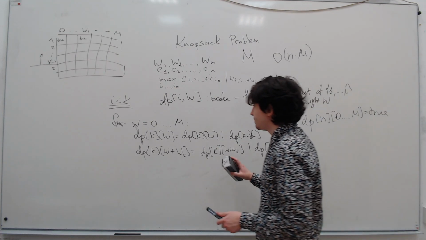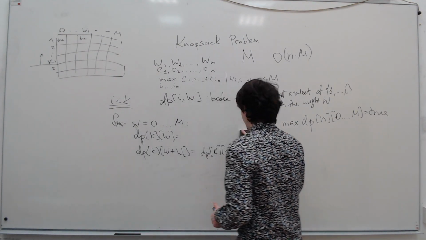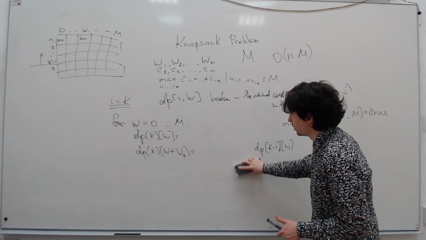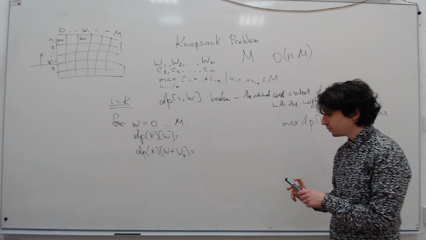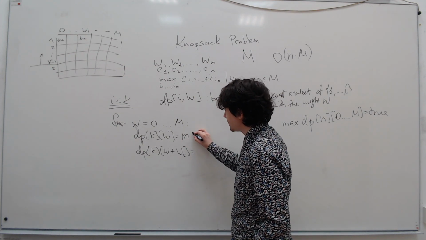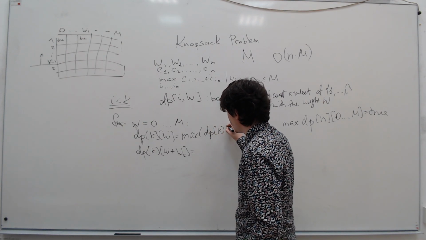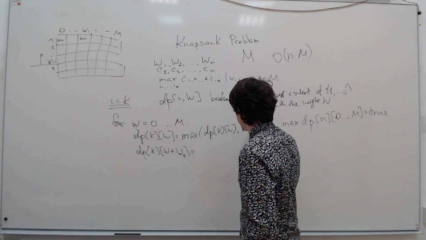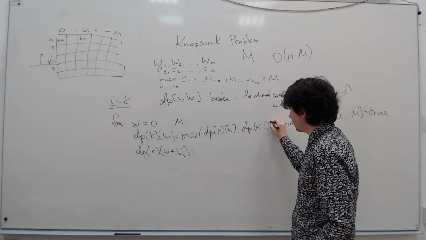You even do not expect that this thing will be exactly the same here, but not with OR, but with maximum. So it is either max of dp k v or dp k minus 1 v.